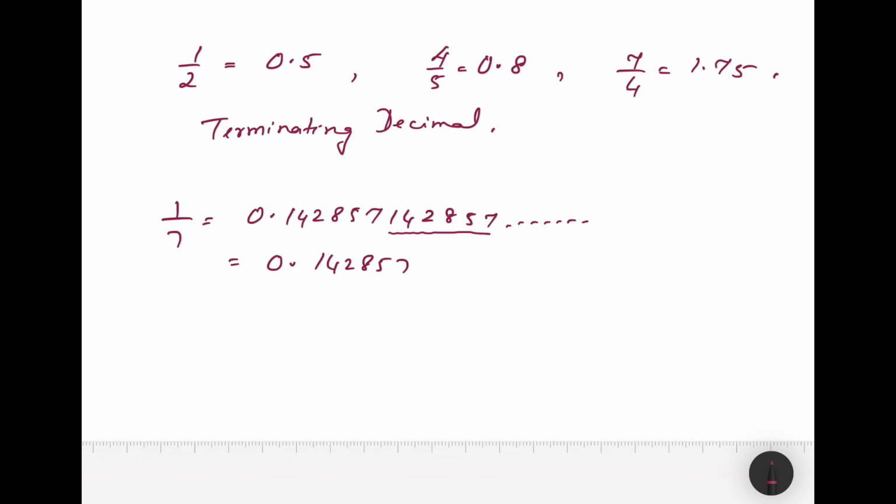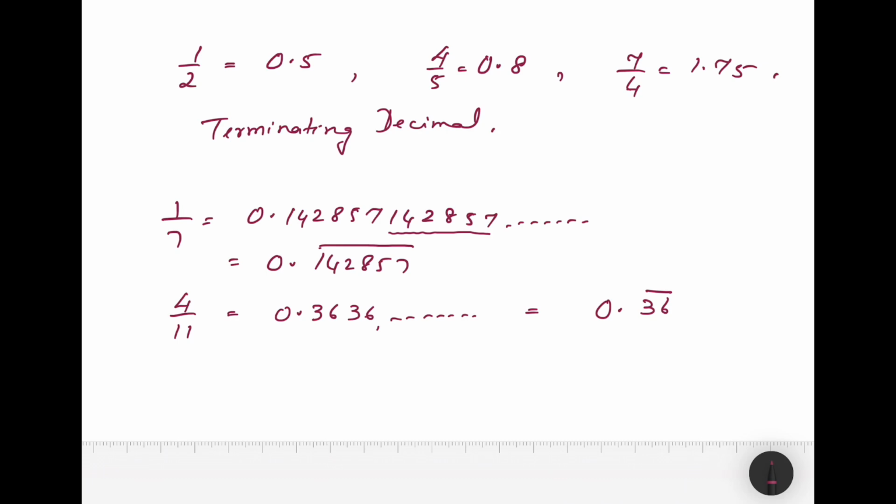When it is getting repeated in a particular pattern, you can put a bar over those numbers. Now 4 by 11, you will get 0.3636, etc. So 36 is getting repeated, so this can be written as 0.36 bar. When you see a bar on the top of any numbers, that number has to repeat.